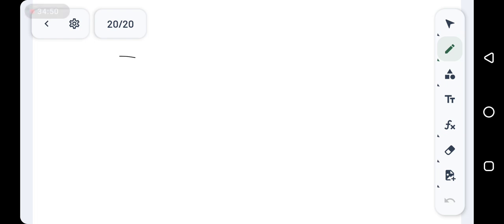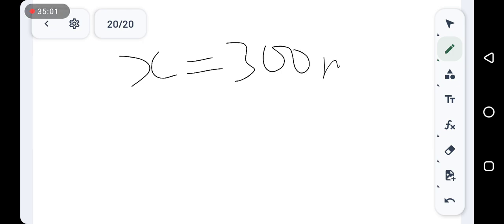So distance x is equal to 300 meters away from the wall sounds a whistle. A man standing 300 meters away sounds a whistle. The echo from the wall reaches him 1.8 seconds later.